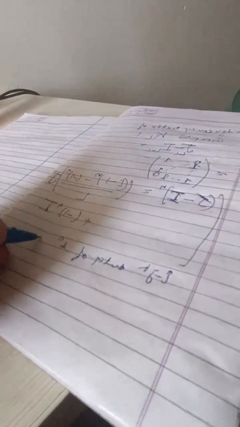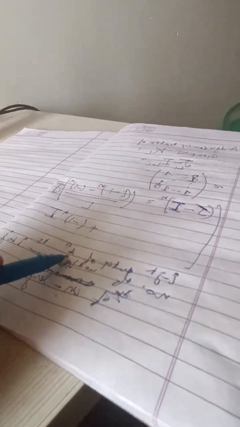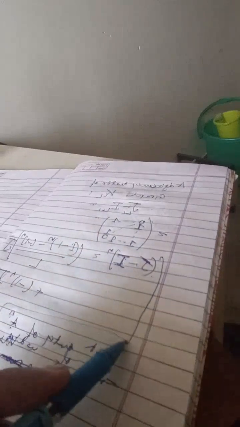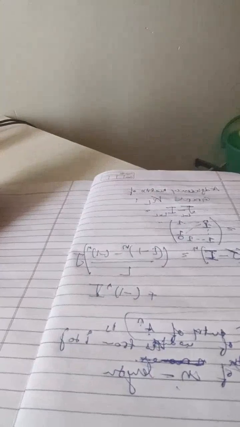The ijth entry of the adjacency matrix power n is the number of walks from i to j in n moves, that is, walks of length n. The number of walks of length n is given by the nth power of the adjacency matrix, the ijth entry of A power n. We will prove this result.